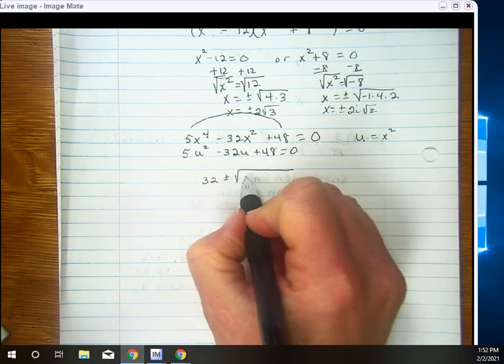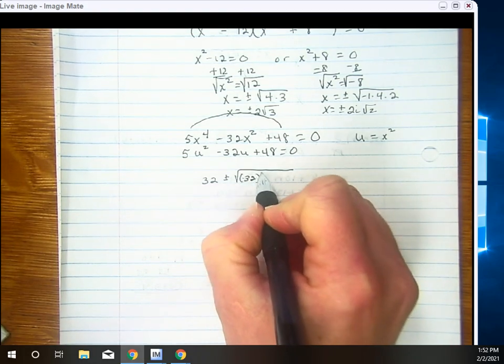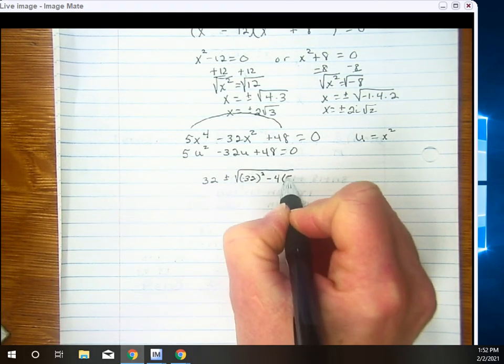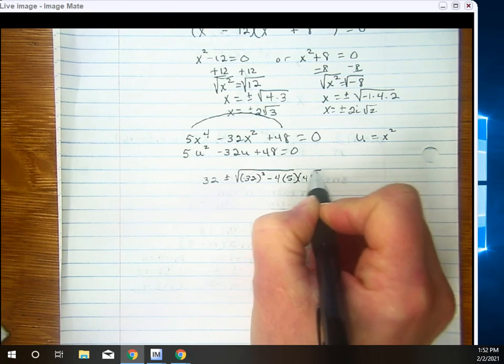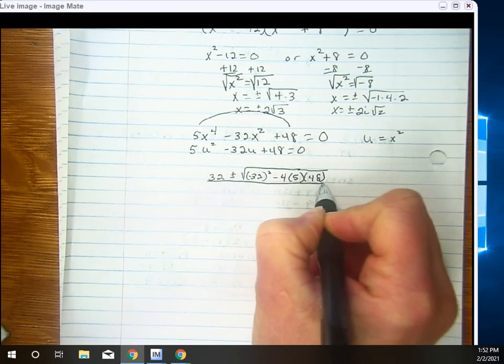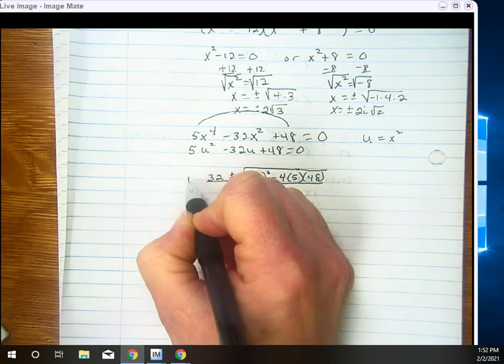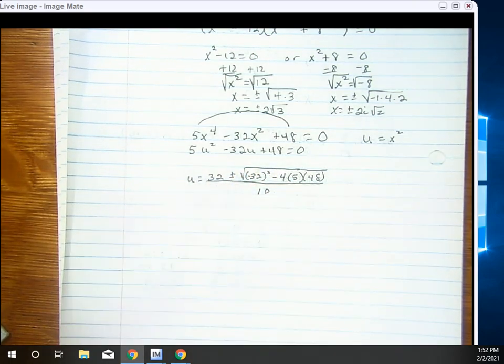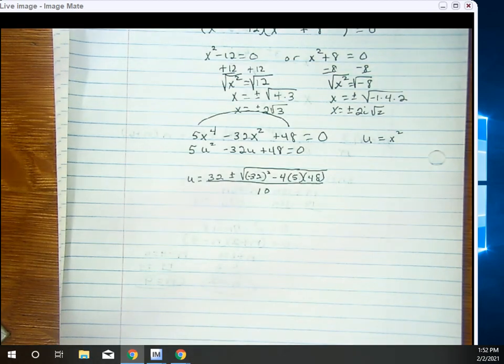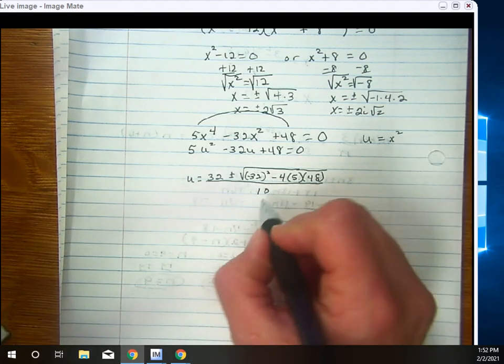Opposite of b, plus or minus the square root of b squared minus 4 times 5 times 48, divided by 2 times 5, which is 10, gives me the u. 32 squared minus 4 times 5, which is 20, times 48 gives you 64.